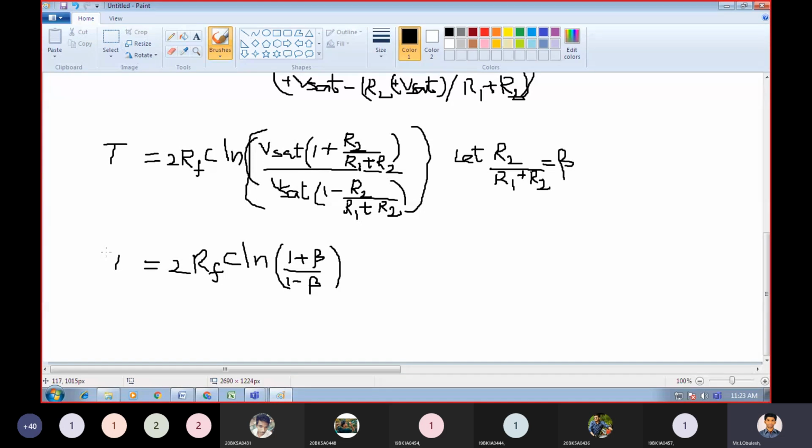This is T. Therefore F is equal to 1 by T, which is 1 by 2 RF C ln of 1 plus beta by 1 minus beta.